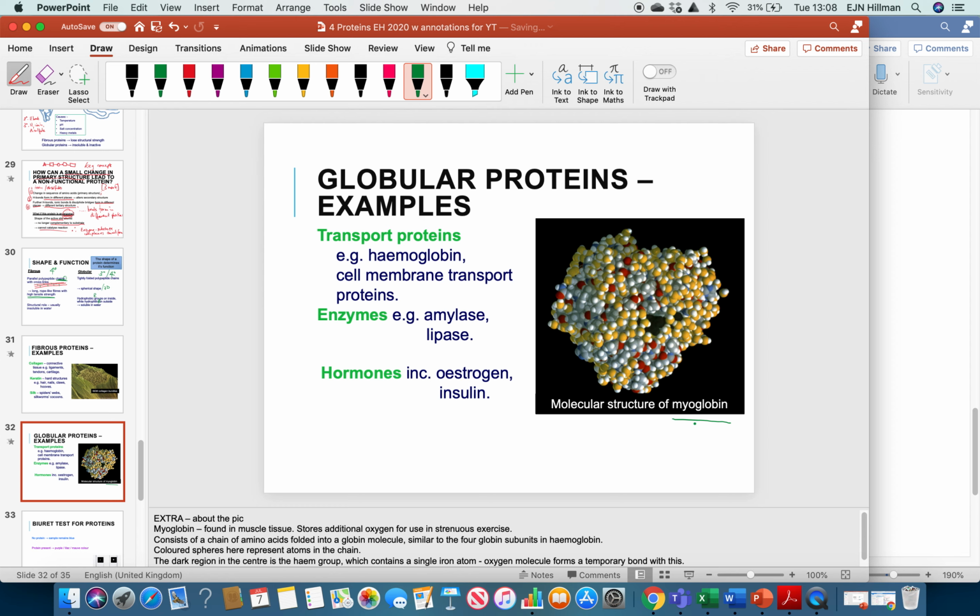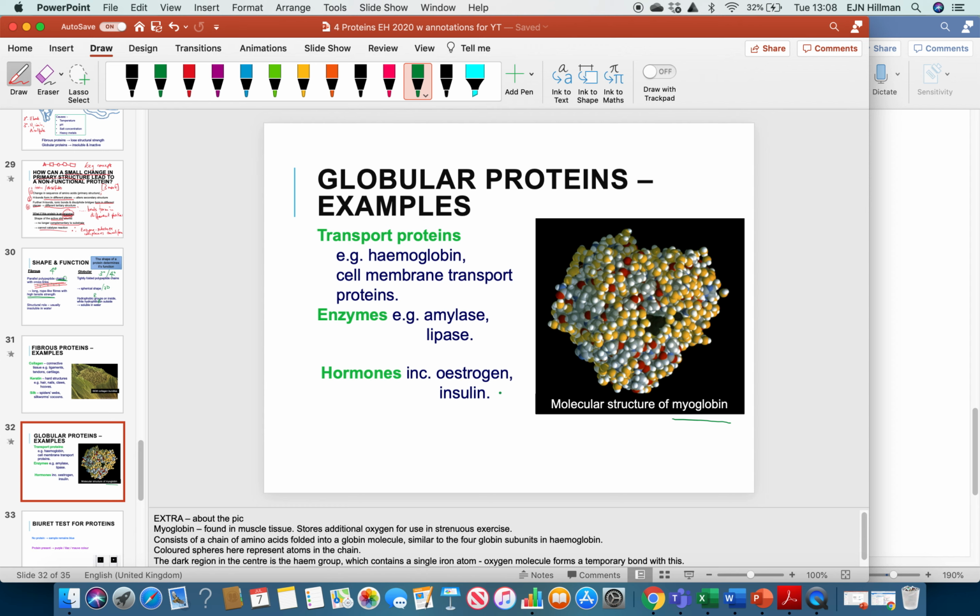Okay. Other globular proteins very commonly might be enzymes or hormones. So enzymes we've mentioned already, very important that their tertiary structure is specific. The active site will be complementary to just one substrate.